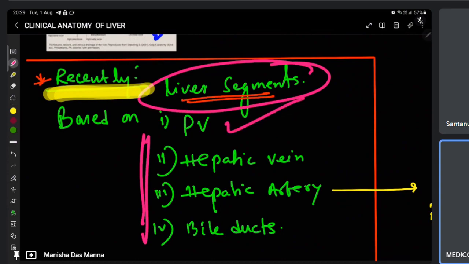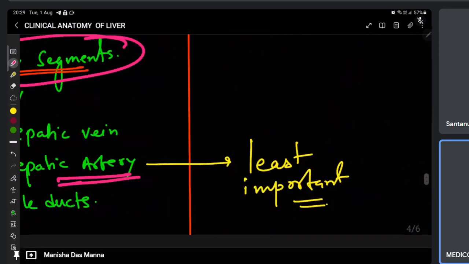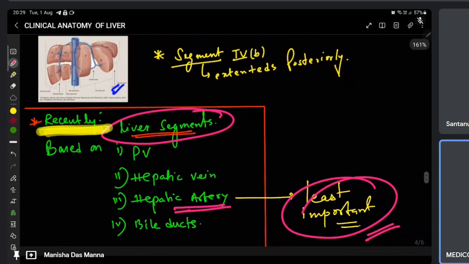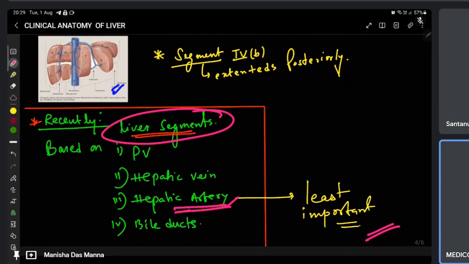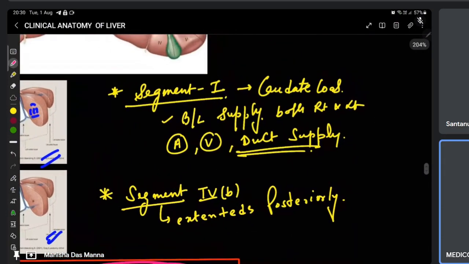But which one is less important among those four? This is your hepatic artery. So this is the least important. Is it clear?